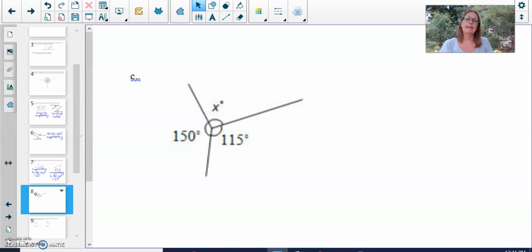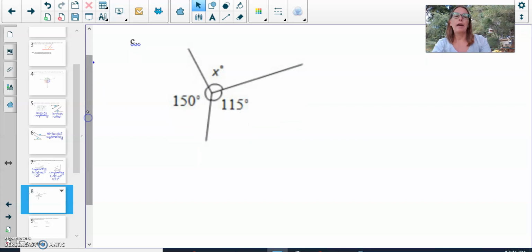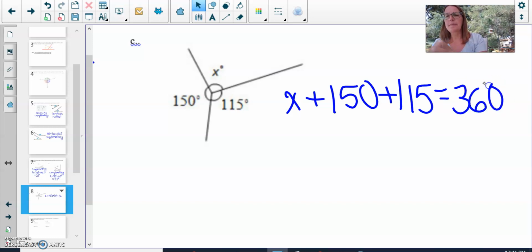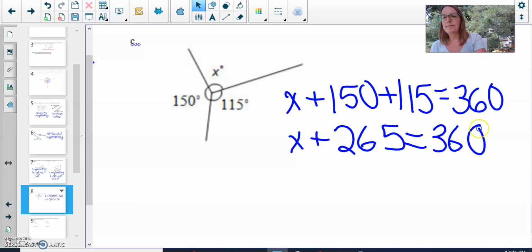Okay, in our next example, these are angles on a point. If I add all three angles together, I get 360 degrees. So it'd be x plus 150 plus 115 equals 360. Now I can combine like terms, adding together 150 with 115. So it's x plus 265 equals 360.